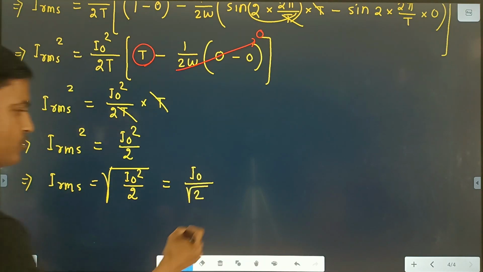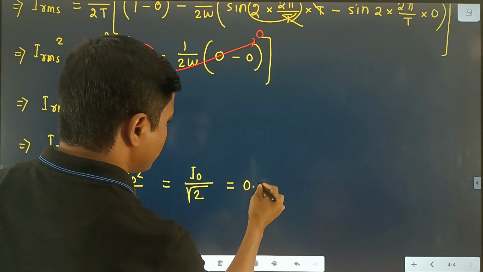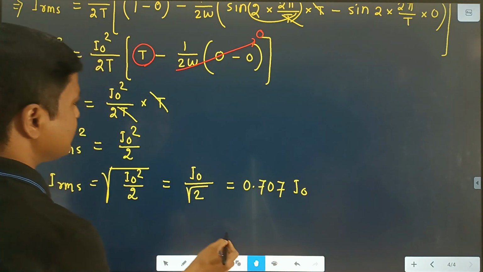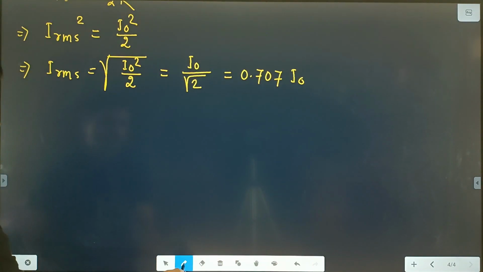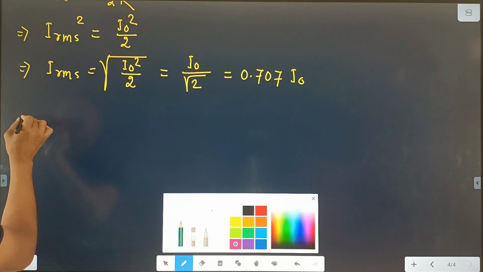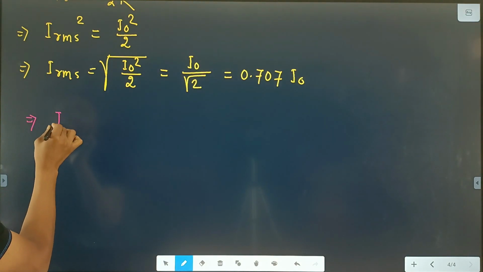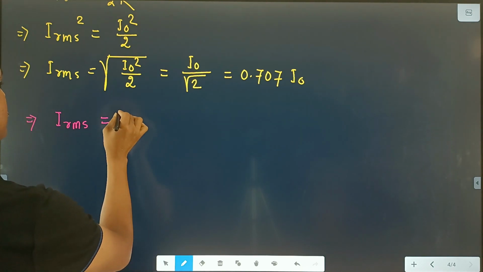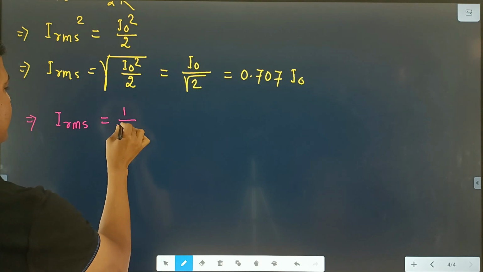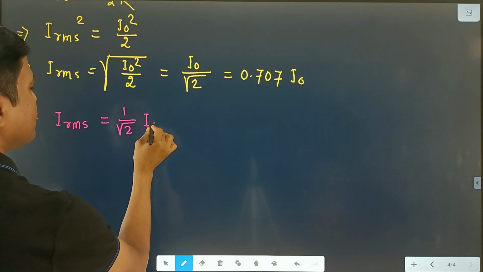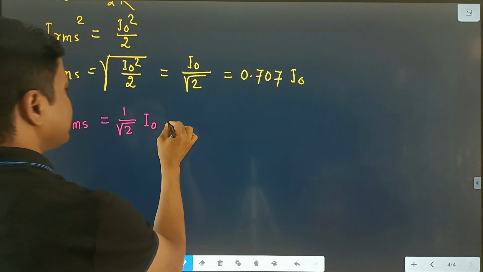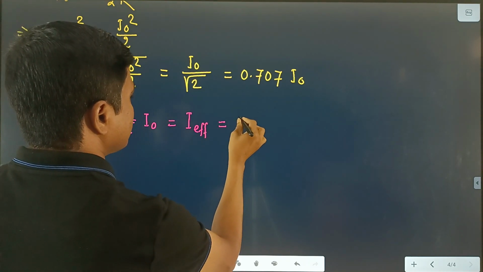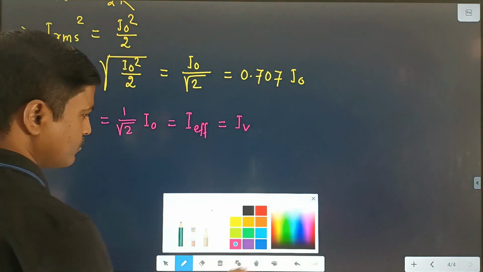Clear? And I0 by root 2 is equal to 0.707 multiplied by I0. That means finally we get the root mean square value of alternating current is equal to 1 by root 2 times the peak value. Clear? That is also known as effective value, or virtual value.